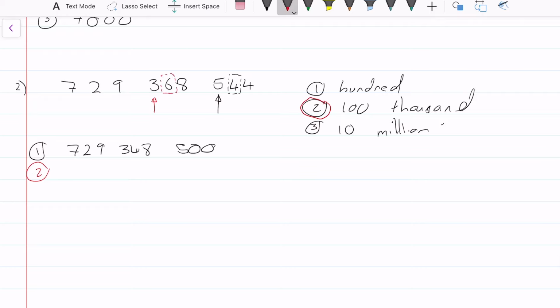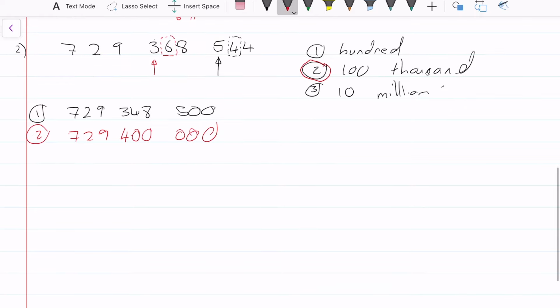So 6 is greater than or equal to 5, so we round up, so that 3 becomes a 4, and everything after that becomes 0.